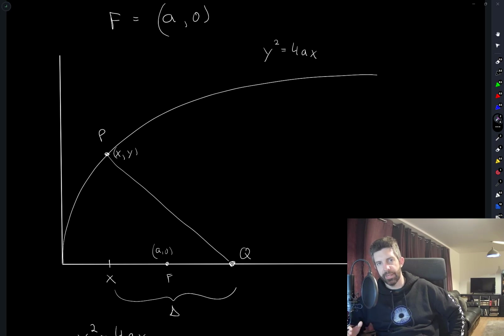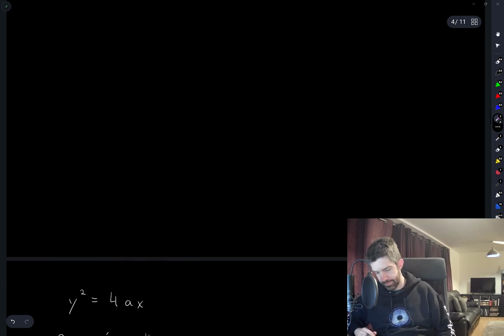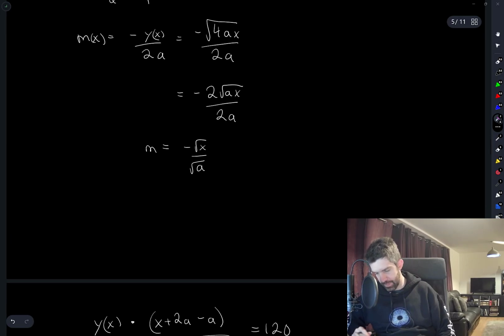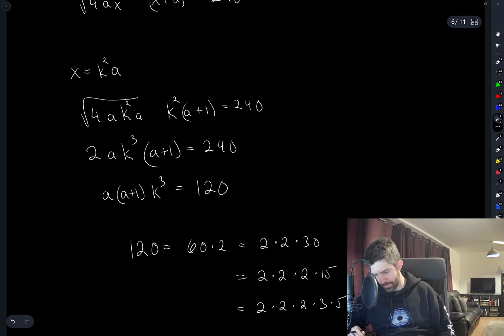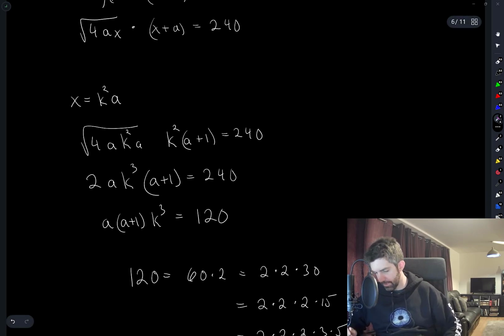I don't want to go back and figure out where my mistake is. I'm going to leave it here. It's all straight lines, distances, and factors of 120. Yeah, I'm going to leave it here. I don't want to work on this one anymore.